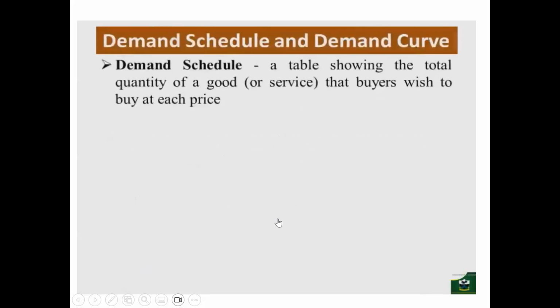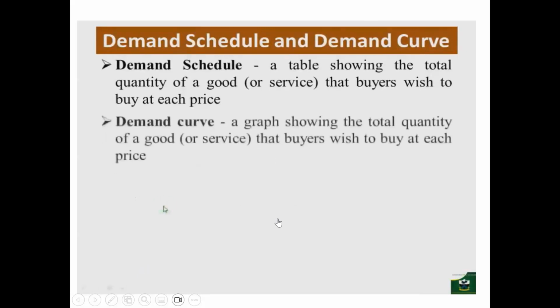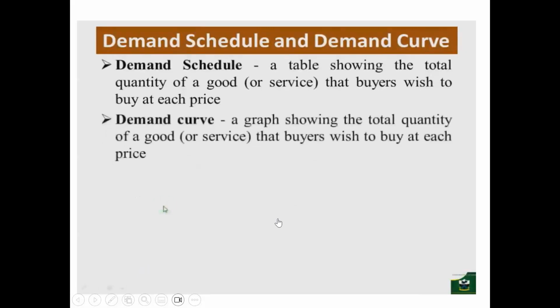So with the demand schedule, a schedule is simply a table, and therefore a demand schedule is a table showing the total quantities of a good or service that buyers wish to buy at each price. And the demand curve is a graph showing the total quantities of a good or service that buyers wish to buy at each price.